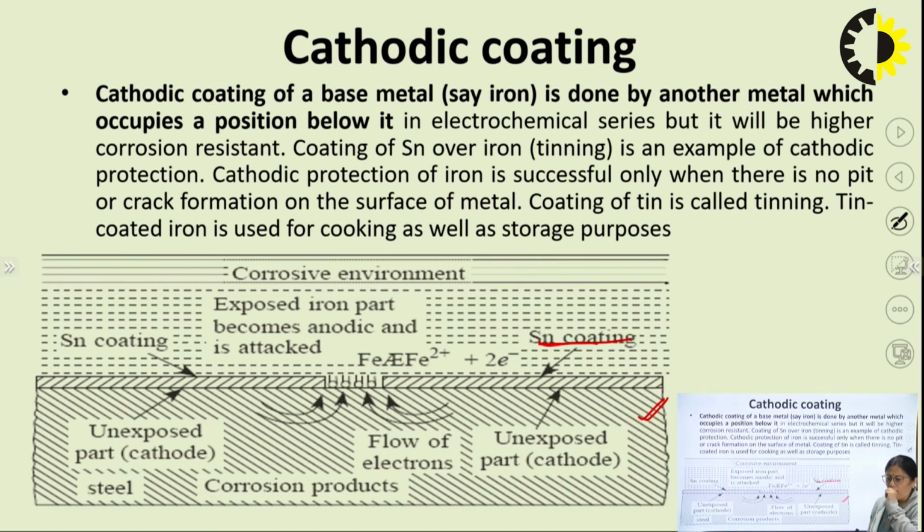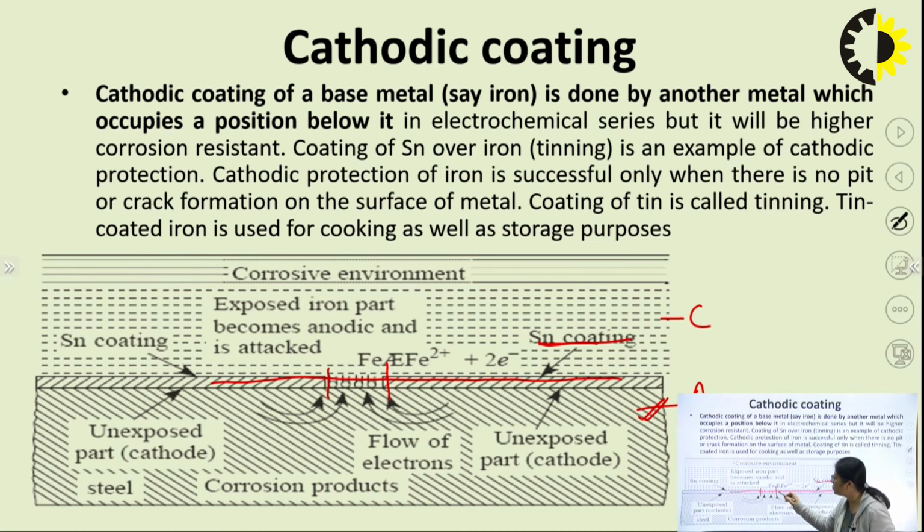But these cathodic coatings protect the base metal only when these coatings are continuous in nature. If these coatings are broken down, if there is a break or discontinuity in these coatings at any place, then you can see that our coating is behaving as cathode and our base metal is behaving as anode.